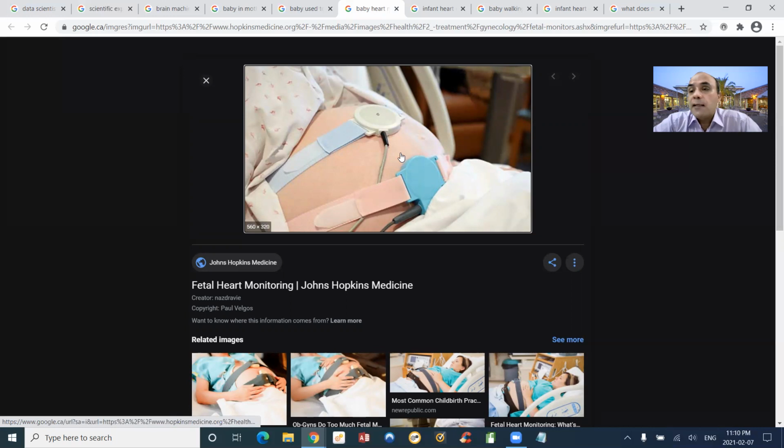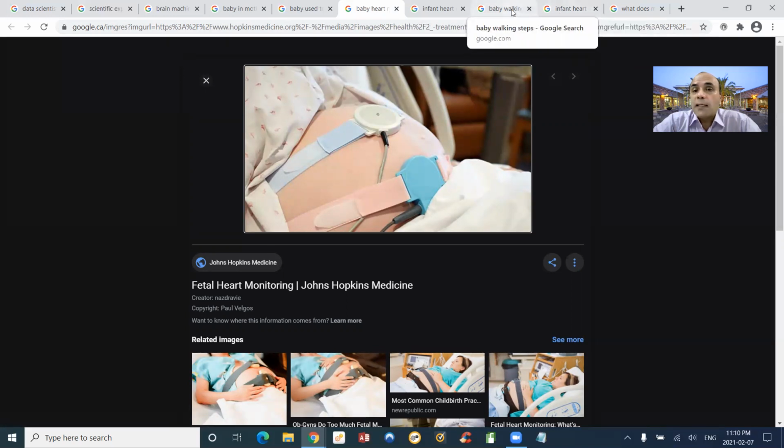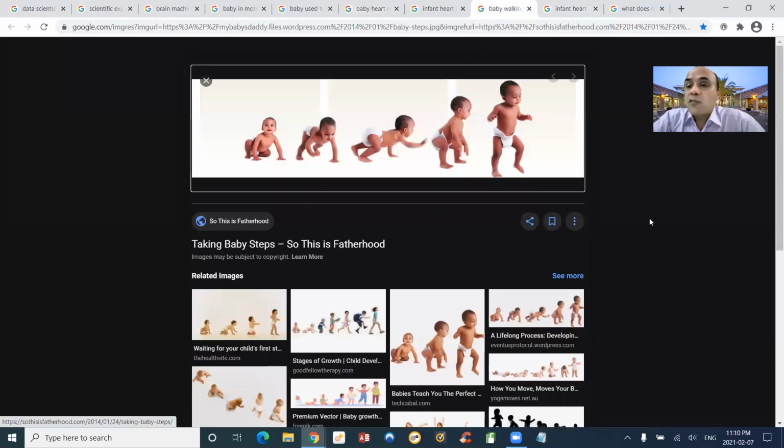Here could be signals, 1D signals. In terms of walking, it could be a lot more than just a simple signal of calling your baby and asking your baby to come toward your arms. So keep that in mind. It's going to be a lot more complex, but you need to consider all of these variables in order to make a judgment.